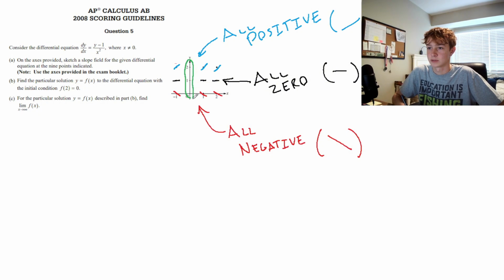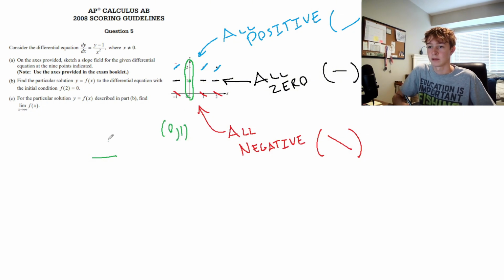points or no slopes on these 3 points on the y-axis. So if you just look over at the problem, the reason for that is because at all of the points on the y-axis, x equals 0, right? By definition of a y-axis, x is going to equal 0 at all these points. And if we plug in x to this equation, let's say for example this point here is 0, 1, right?